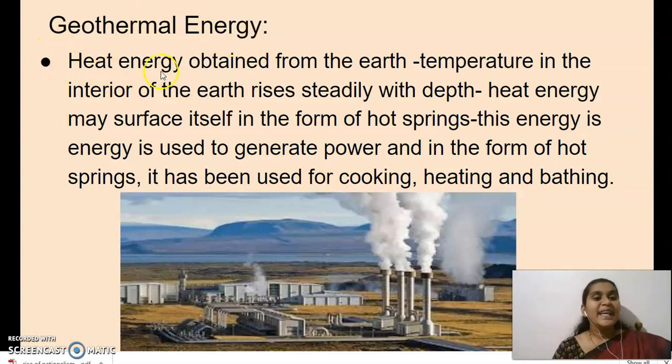See here, heat energy obtained from the earth. The energy or heat energy which is obtained from the earth is called geothermal energy. The temperature in the interior of the earth rises steadily with depth.